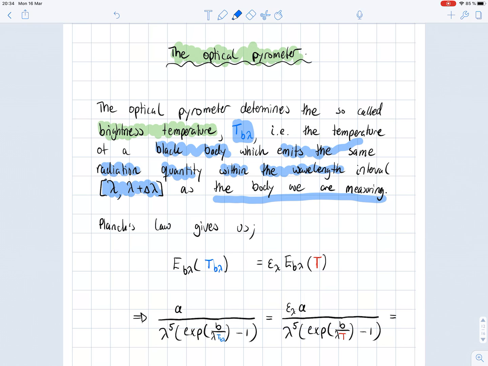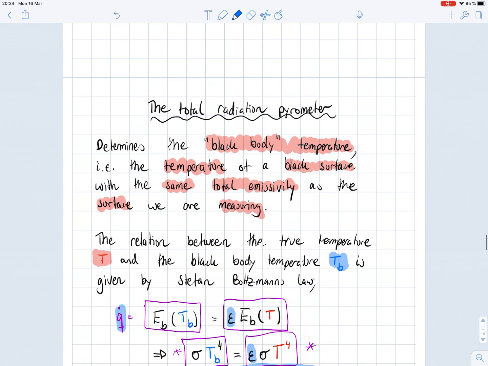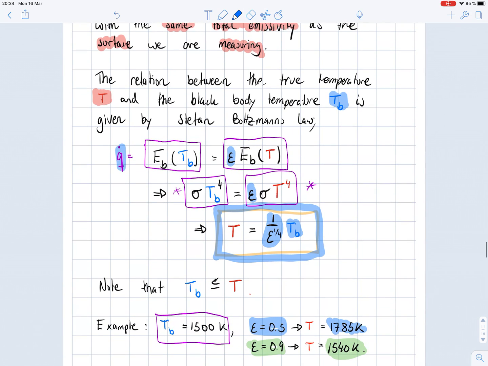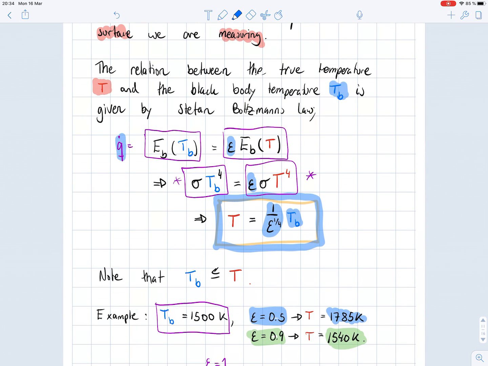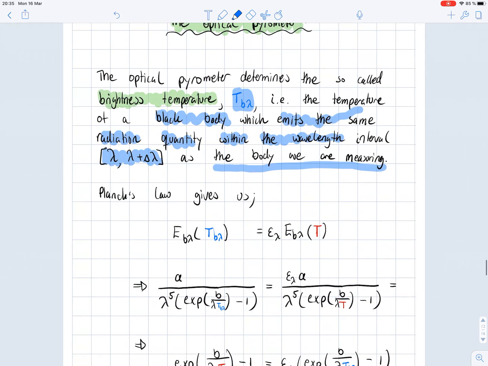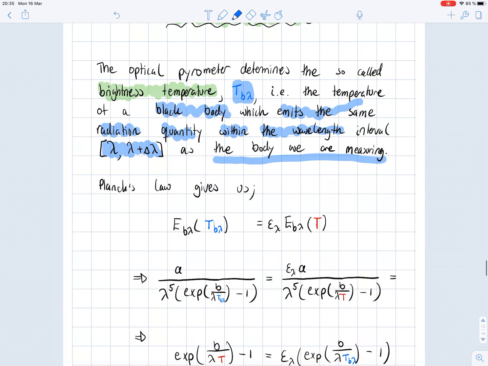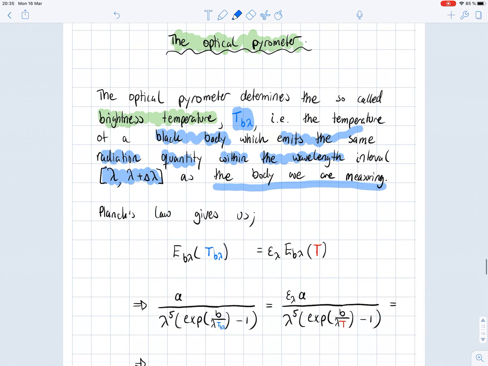So the total radiation pyrometer, as we had here, is based on just applying Stefan-Boltzmann's law. So we have a measurement that assumes a black body, and we then have the true surface, which is a non-ideal surface, while in the optical pyrometer it's something similar.